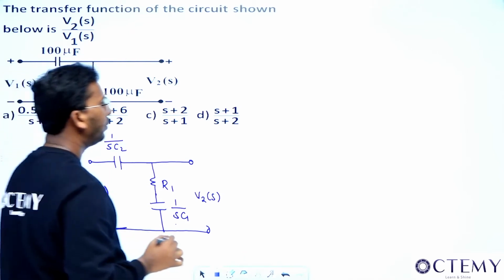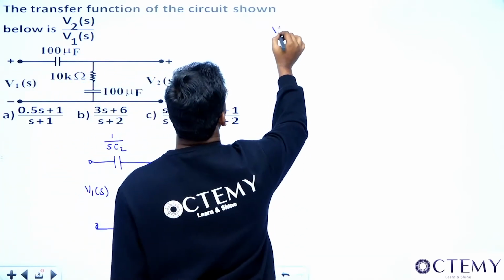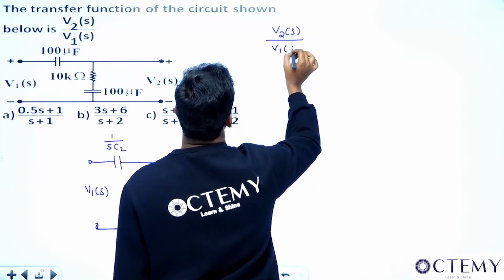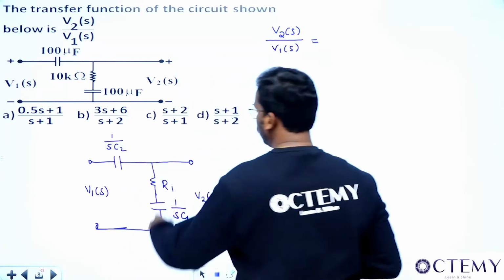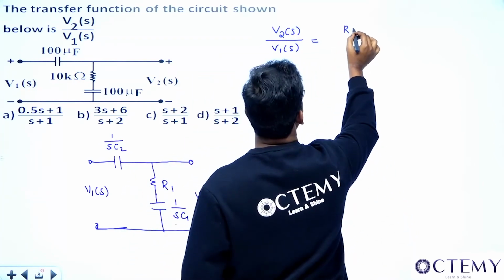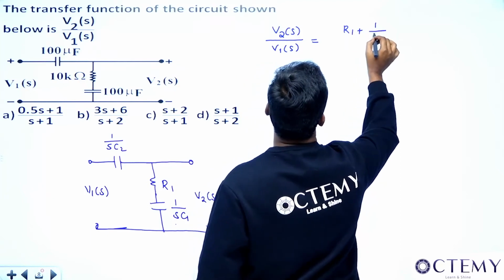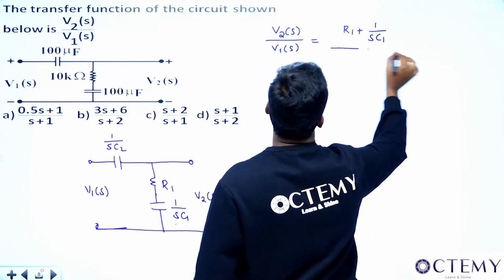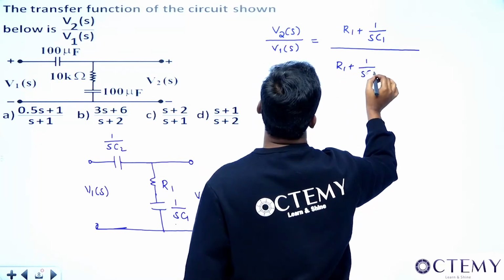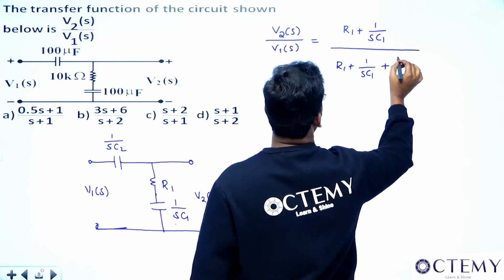So what will be V2 of S by V1 of S? That should be equal to, this will be R1 plus 1 by SC1, whole divided by R1 plus 1 by SC1 plus 1 by SC2.